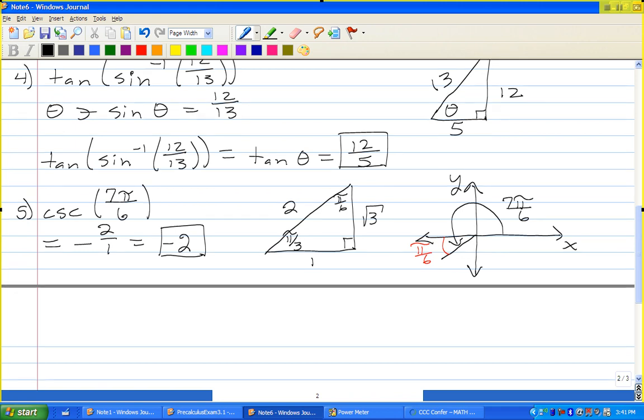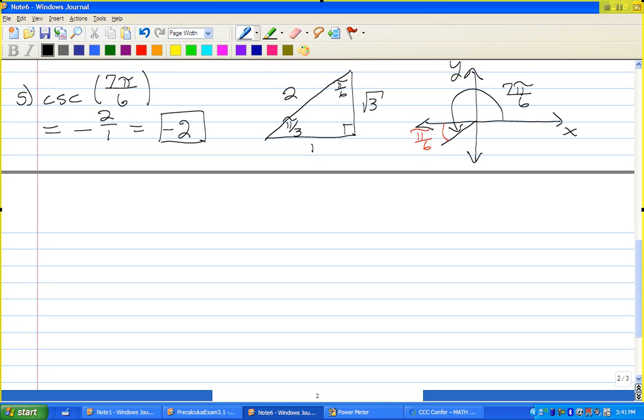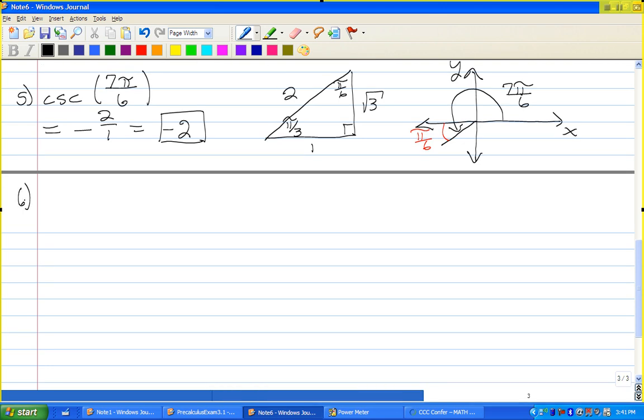Okay. Let me do problem number 6. Sine of 4 pi over 3. Oh, actually, we have the triangle right there. And so, again, you're in the third quadrant.